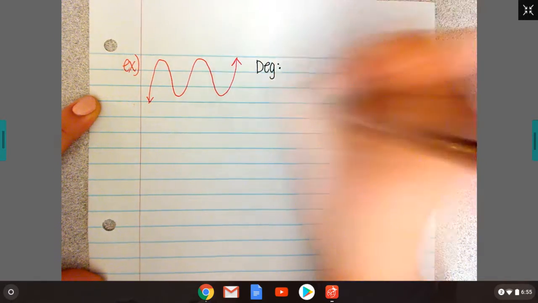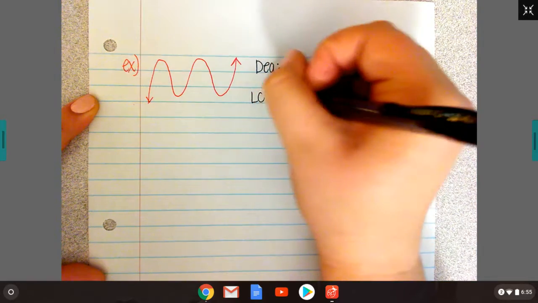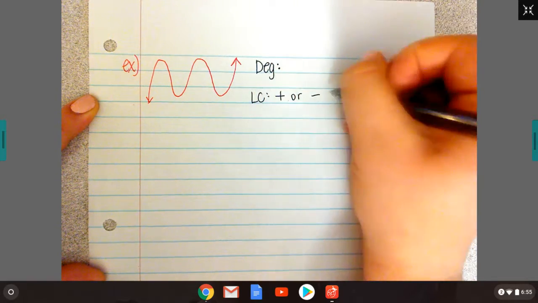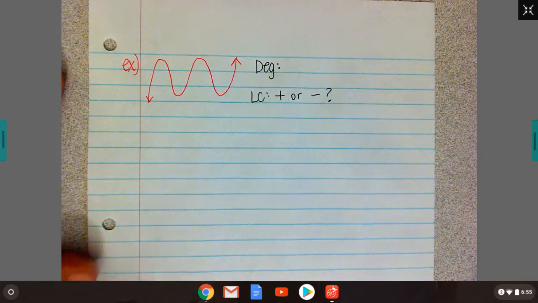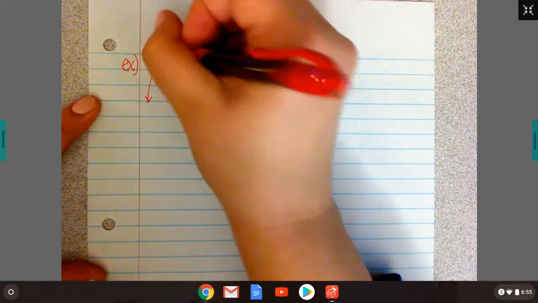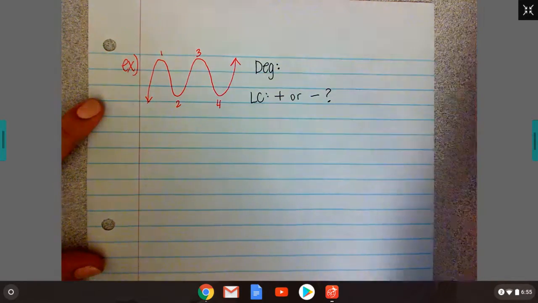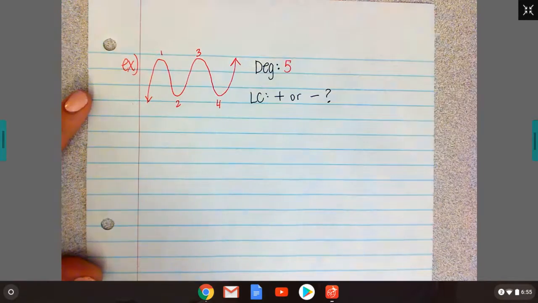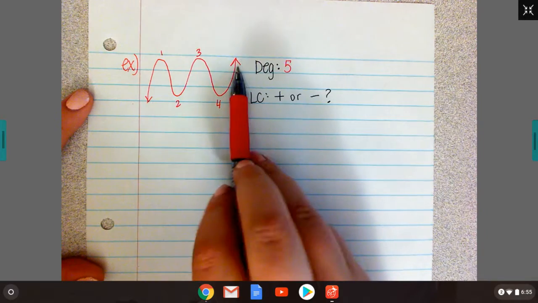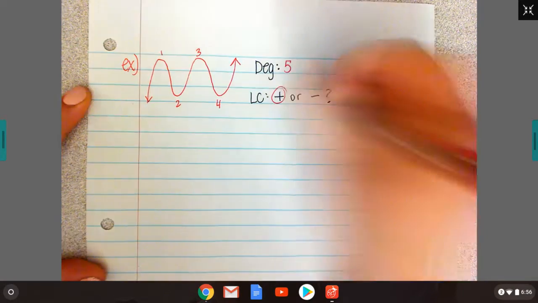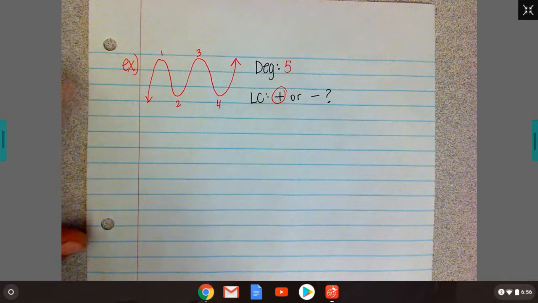I want to know what's the degree and is the leading coefficient positive or negative. We can tell this by the chart. First off, notice the amount of times it curved. It curved 1, 2, 3, 4 times. So our degree must be 5. And it started low and ended high. Ended high means positive. So that's a degree 5 with leading coefficient positive.